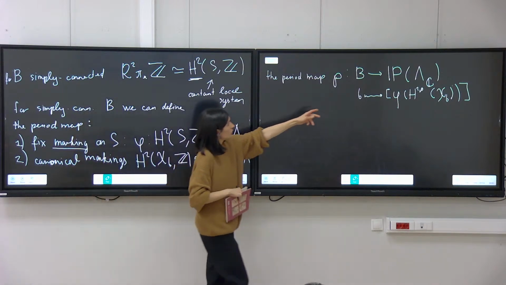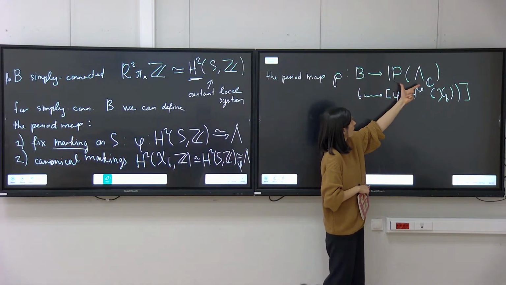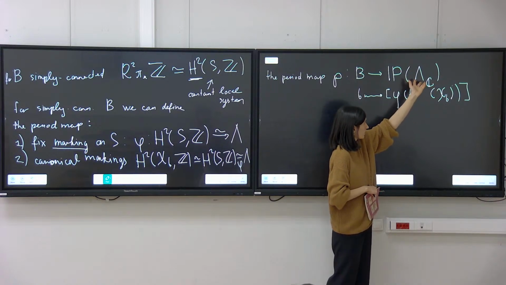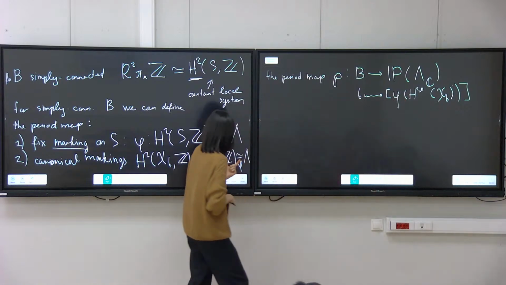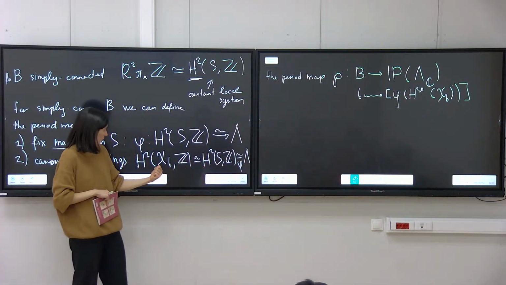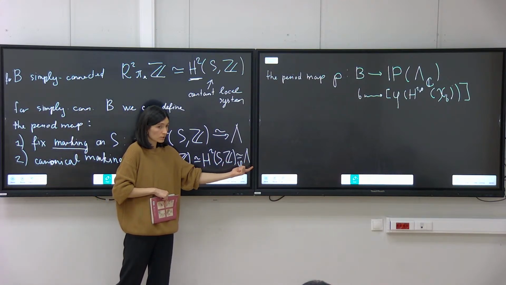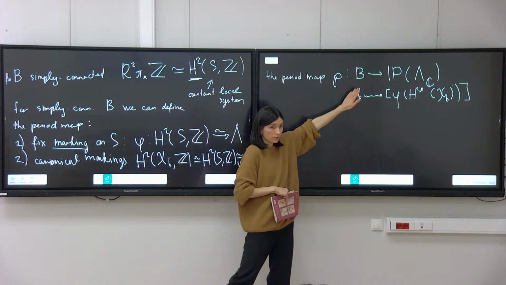And here we want a point from a projective space with a fixed lattice. So we should have some canonical isomorphism of the second cohomology with this lattice. Without this, we cannot define a period map.